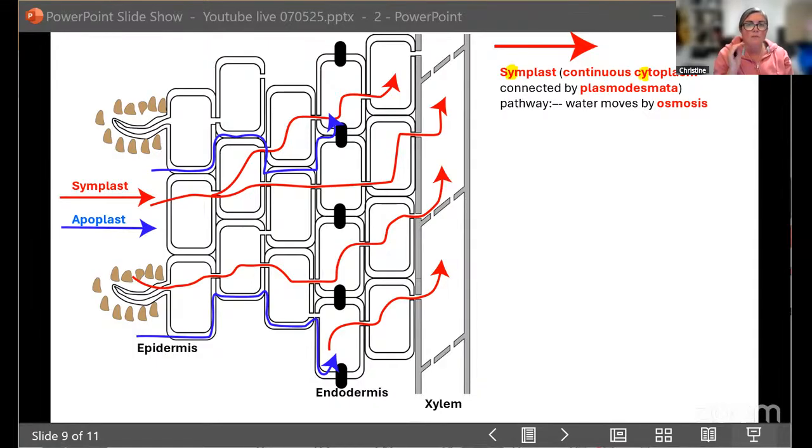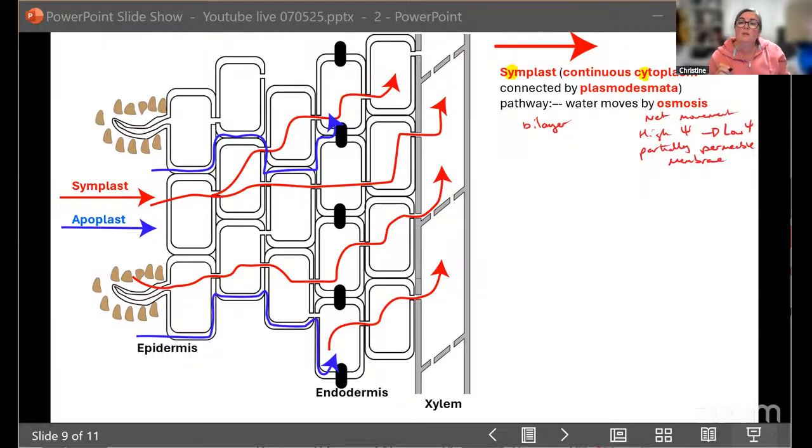Now, this is important for you to remember. For the water to get through, the water has to pass the bilayer. So therefore, the water is going to move in by osmosis. It's going to be a net movement from a high water potential to a low water potential, and it's going to go across a partially permeable membrane.